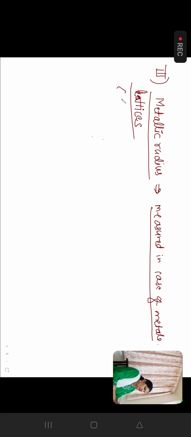Now, what is crystal lattice? Crystal lattice. It is a specific arrangement. Write down. Crystal lattice, it is a specific arrangement.